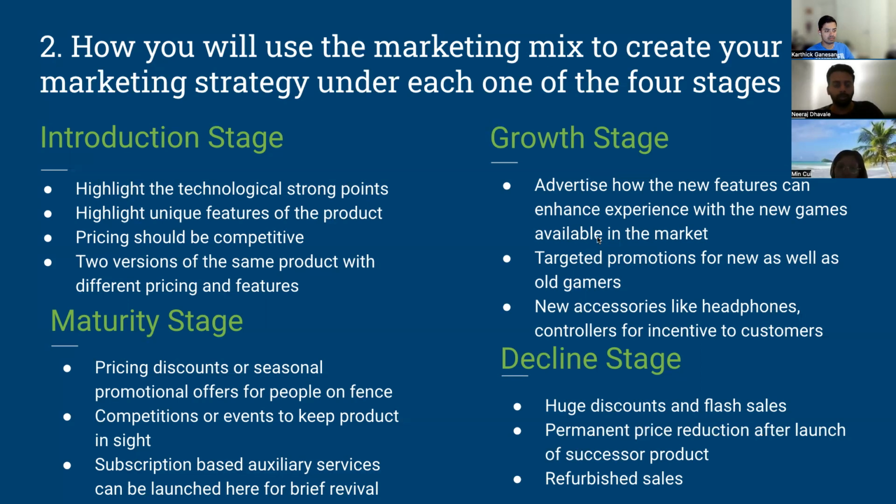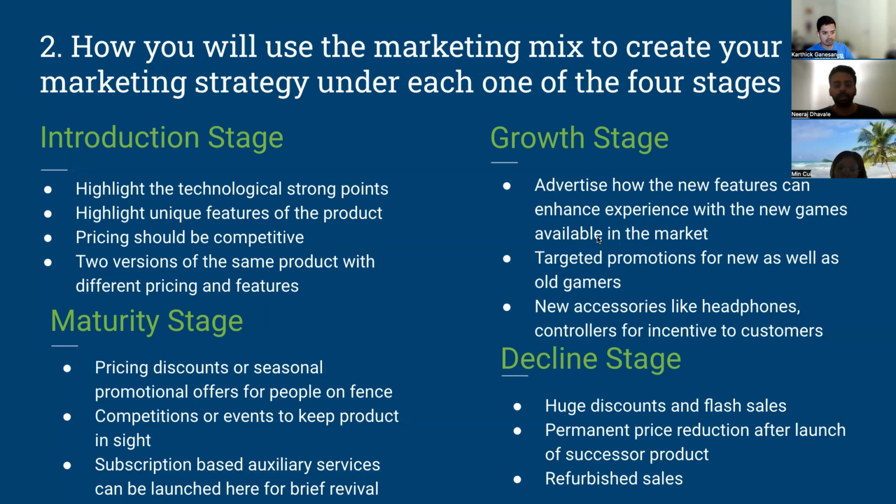Then once its product life cycle is complete and it enters the decline stage, that is where you have to make sure your inventory is cleaned out because you have already invested money into it and you do want to get returns on it. So huge discounts and flash sales will incentivize people to buy it.